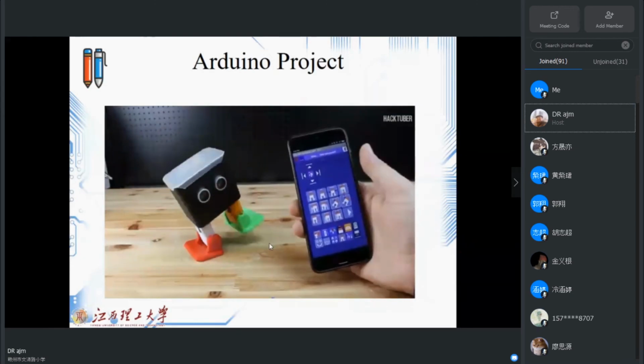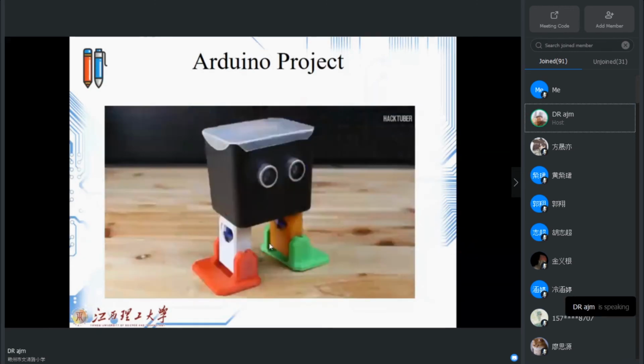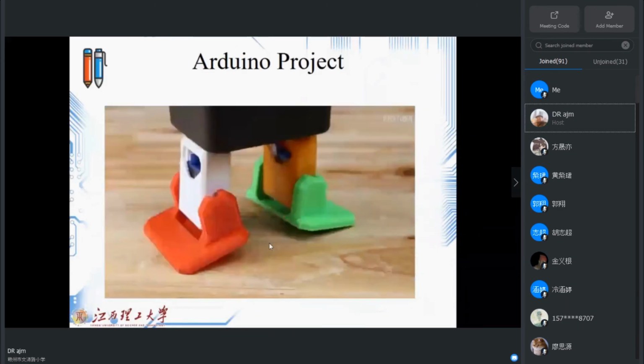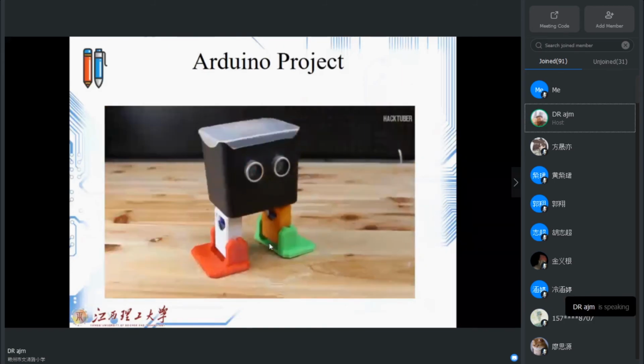Then various work and various jobs they will do by controlling with the application.